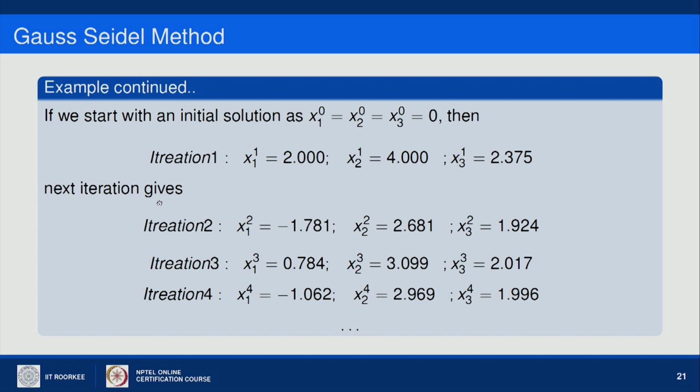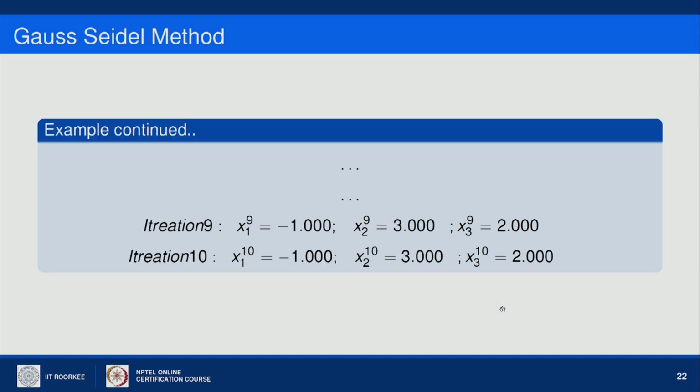In the second iteration, x1 is minus 1.781, x2 equals 2.681 and x3 equals 1.924. Then these are the values in the third iteration, then the fourth iteration, and so on. Continuing this calculation, in the ninth iteration I get x1 is minus 1, x2 is 3, x3 is 2.